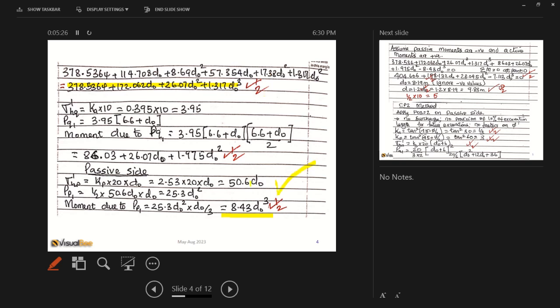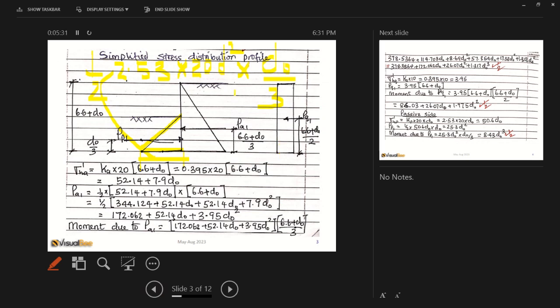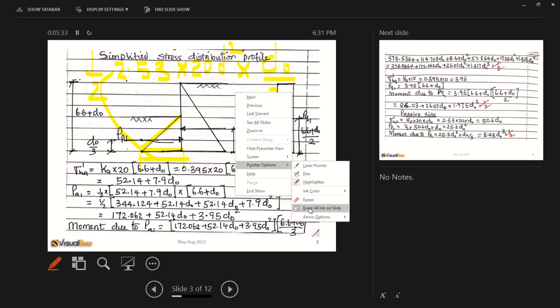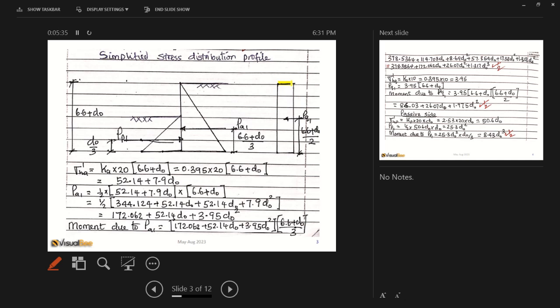Then we go to this other distribution. The surcharge is just a rectangular distribution, and the area of that is 10 times (6.6 plus d naught).